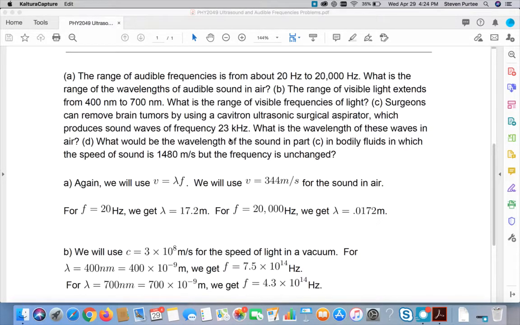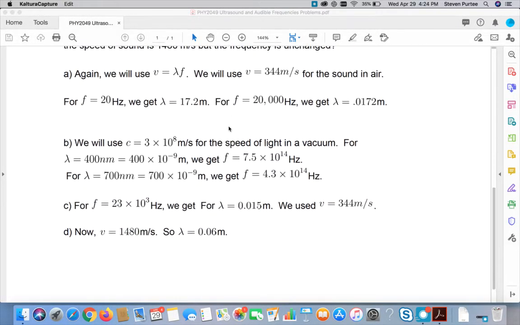We want to know what the wavelength will be if those waves were in air. So for part C, here's our frequency, v equals lambda f again. We get about 1.5 centimeters for our wavelength.